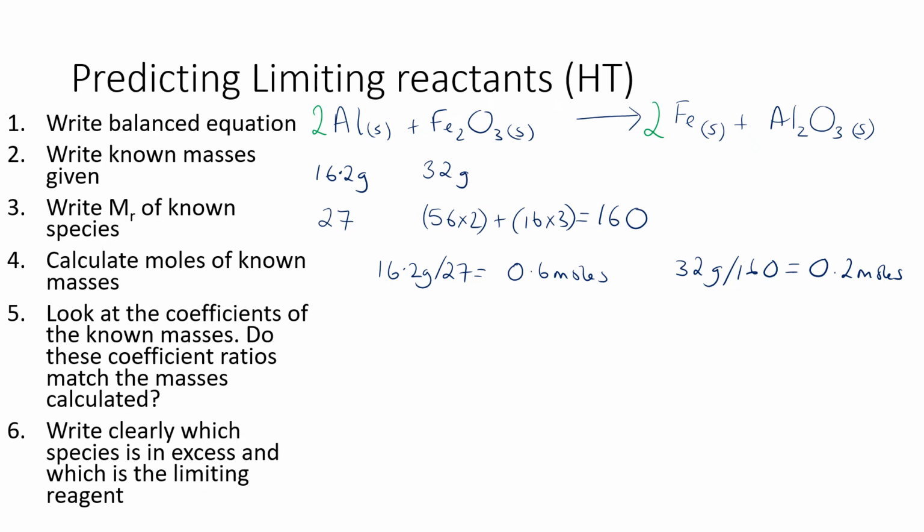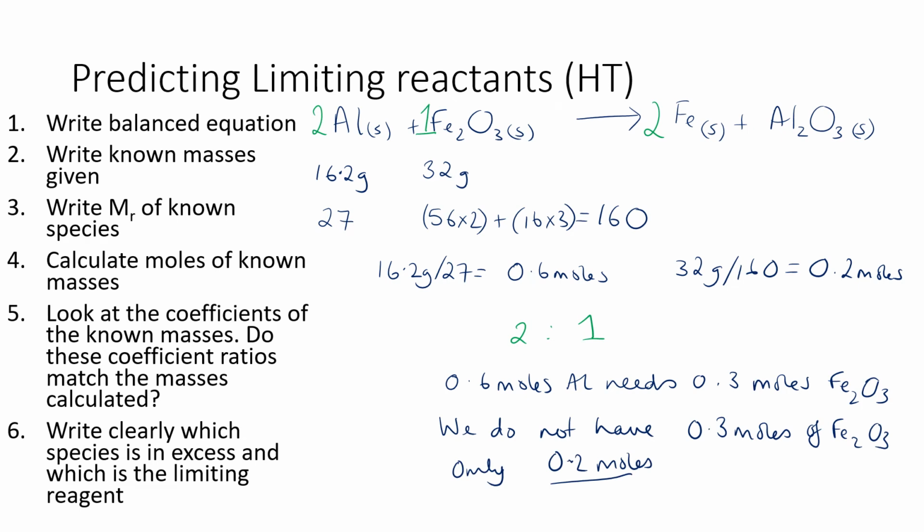the limiting reagent. So what I have to do is look at the coefficients of the known masses. So I have to look at iron and aluminium, and I've just written the coefficient for iron. So it's a 2-to-1 ratio according to the balanced equation. So that means for every 2 aluminium, I need to have at least 1 iron 3 oxide for the reaction to occur.